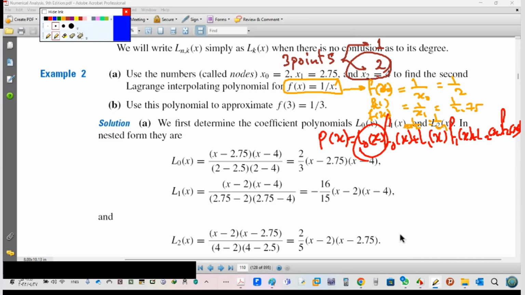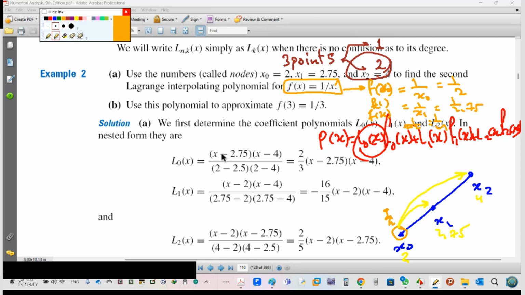Okay, imagine this line. Here x0, x1, x2. I want to find L0 for this point. I am here. So what I have to do is look at this point and the other points. Here I have 2, 2.75, and this is 4.